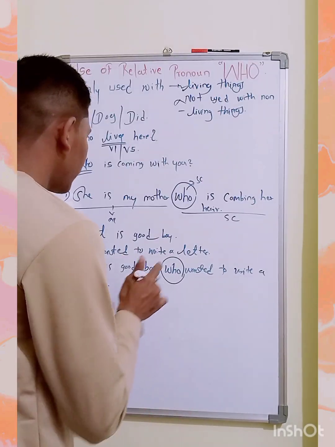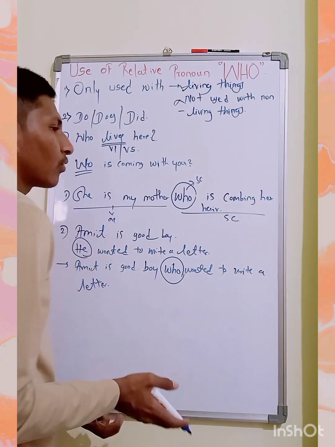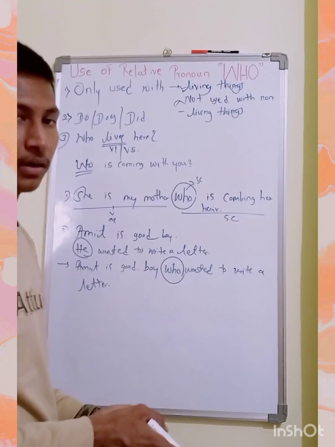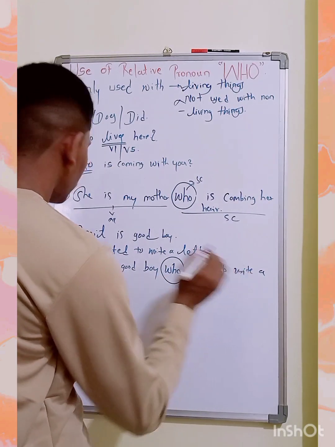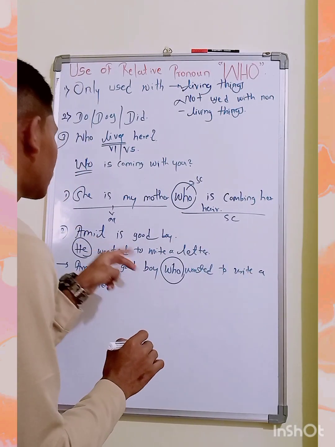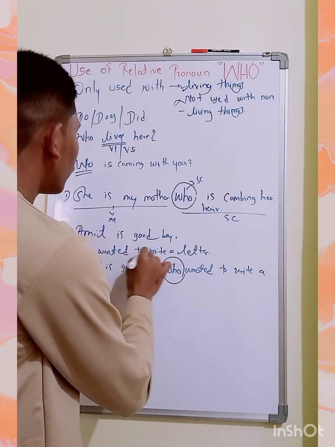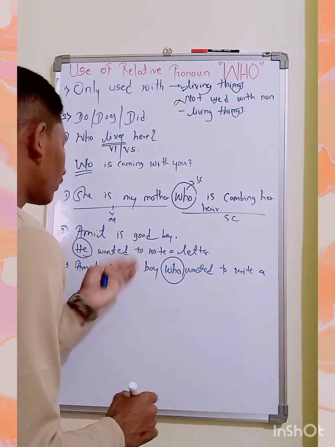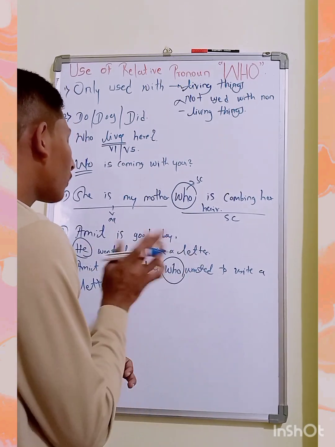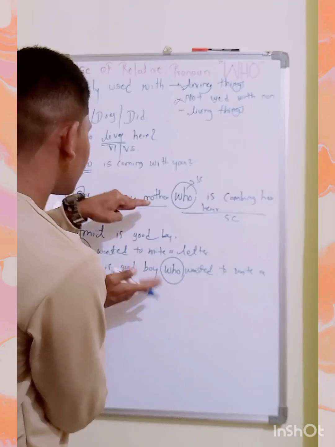We call it a relative pronoun or subordinate conjunction, a bridge word. So, Amit is a good boy who wanted to write a letter. What was the question? Amit is a good boy, comma, he wanted to write a letter. So we just replaced he and added who. That shows the influence of who through this instance.